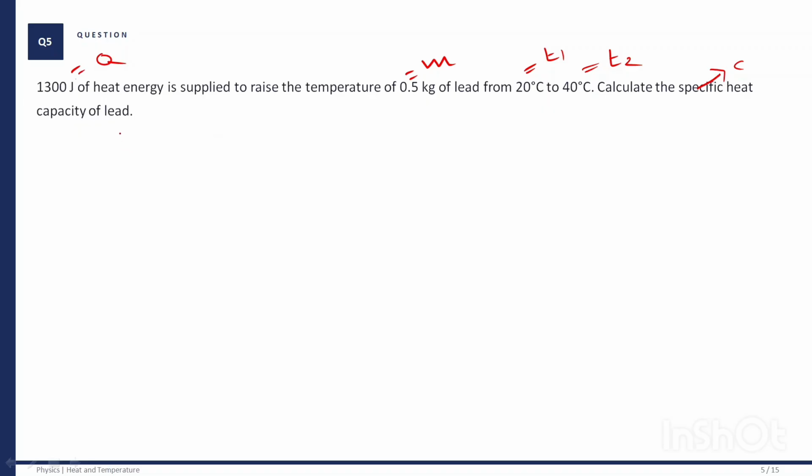We have a formula Q equal to m c delta T. In the question, every physical quantity is given in SI system, so no need to convert from one system to another. Q equal to mass 0.5, C we don't know, so C as it is, delta T is 40 minus 20.